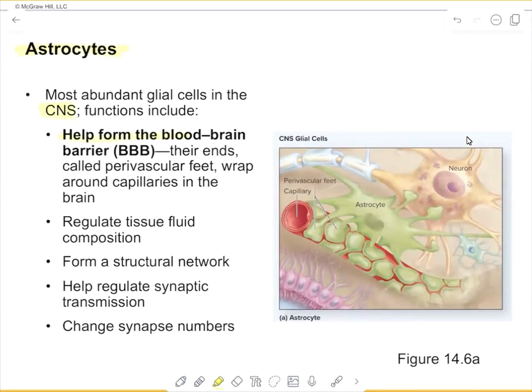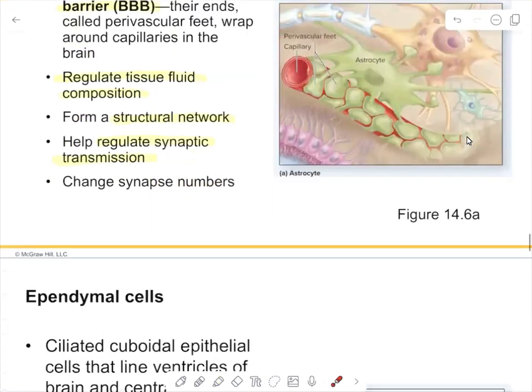One thing they do is they help to form the blood-brain barrier. They help to regulate synaptic transmission and form a structural network and regulate tissue fluid composition. And you should be able to identify them on a diagram such as this.